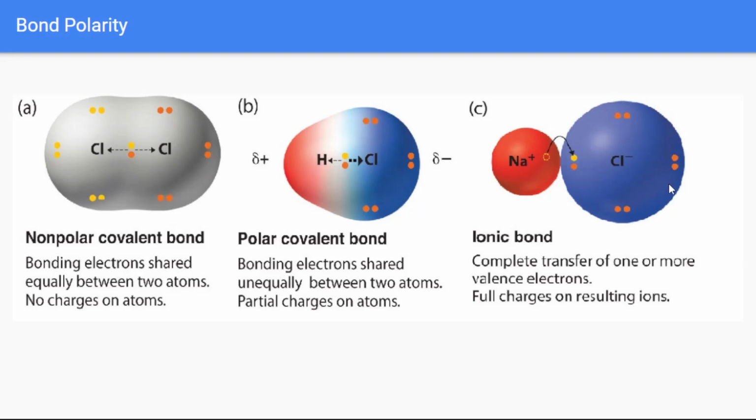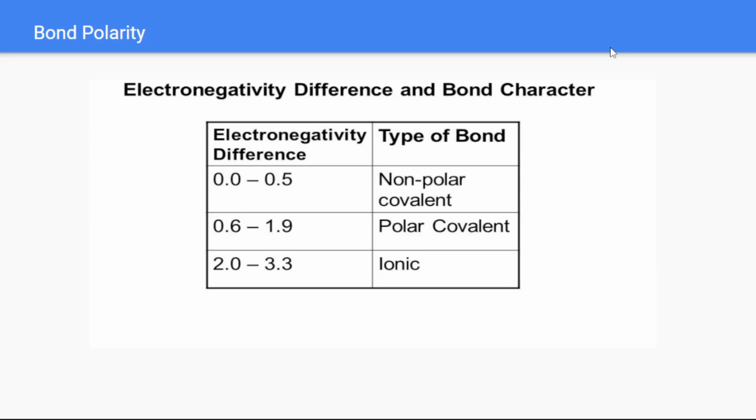And then you have ionic, which is where you have a really big difference between the electronegativity in the atoms, and one atom will pull the electron off of the other atom, creating a negative and a positive charge, and the atoms are attracted to each other because of the charge.